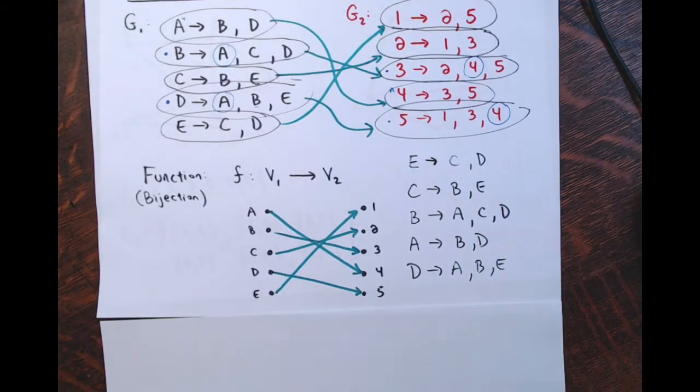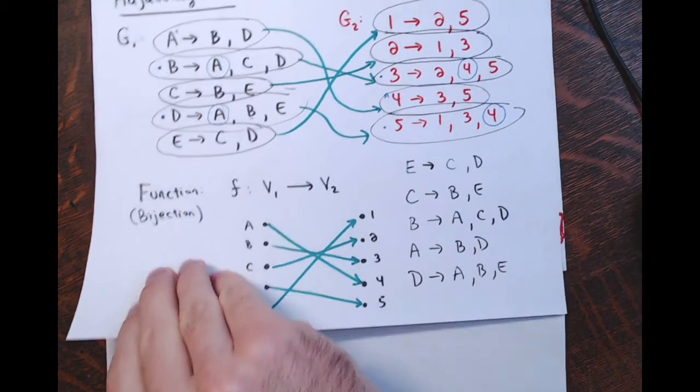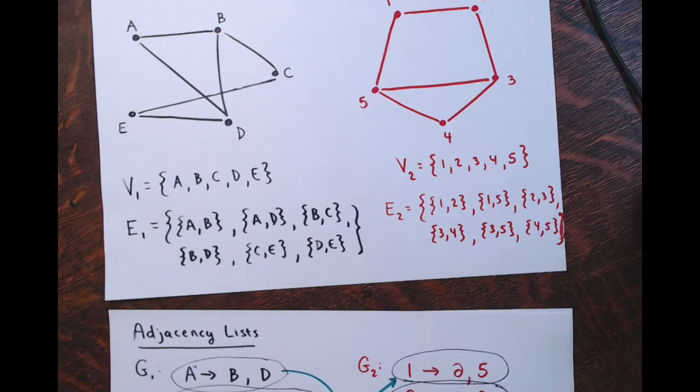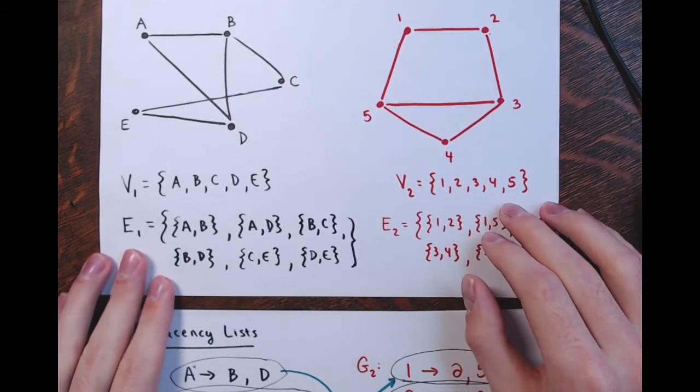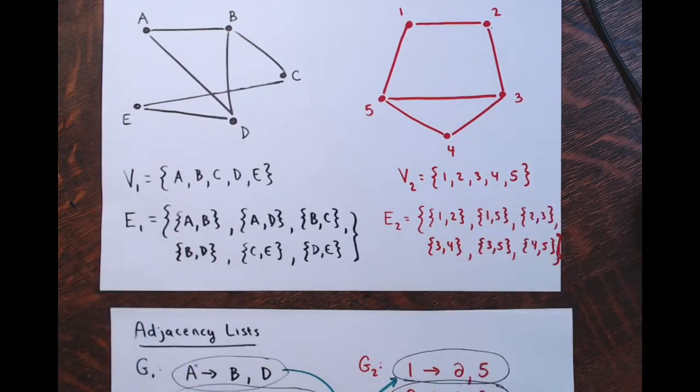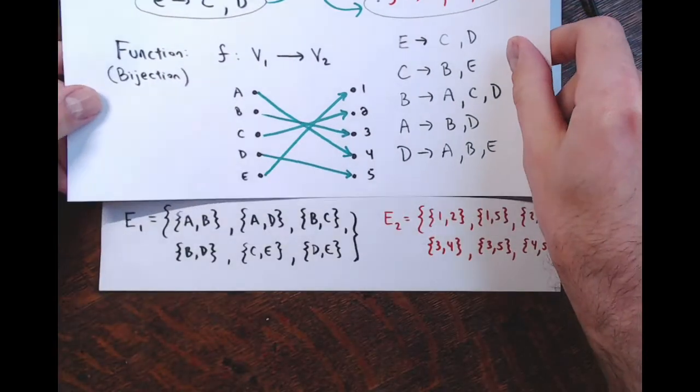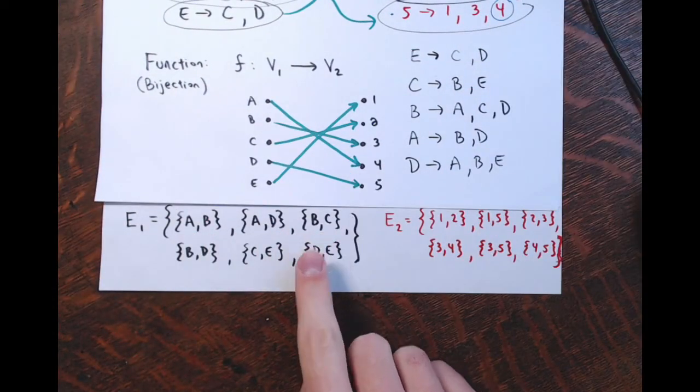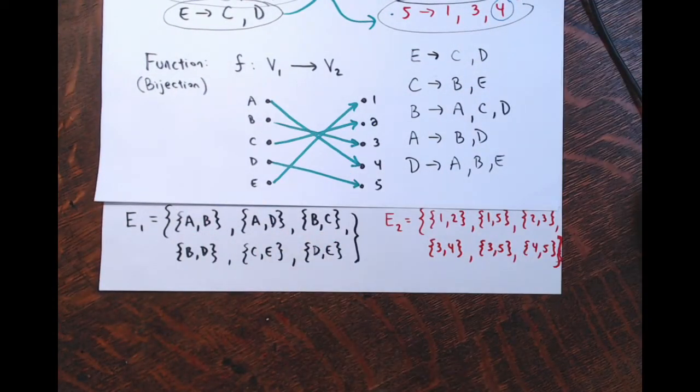You could also even just match up the edge lists. I could rearrange these, just do this mapping to the edge list, and show you that they're the same thing.